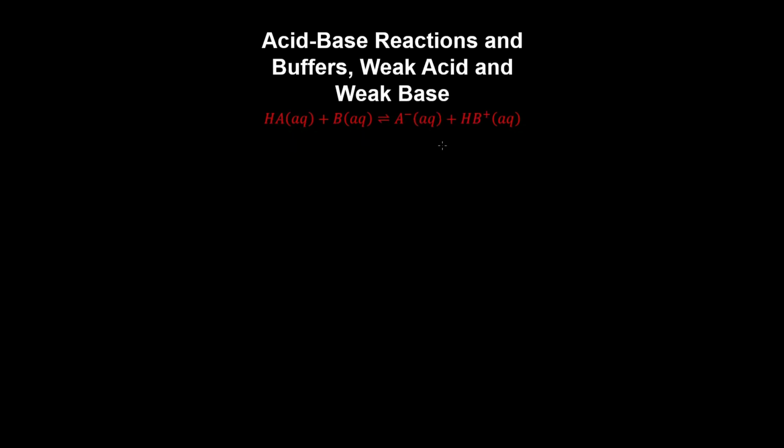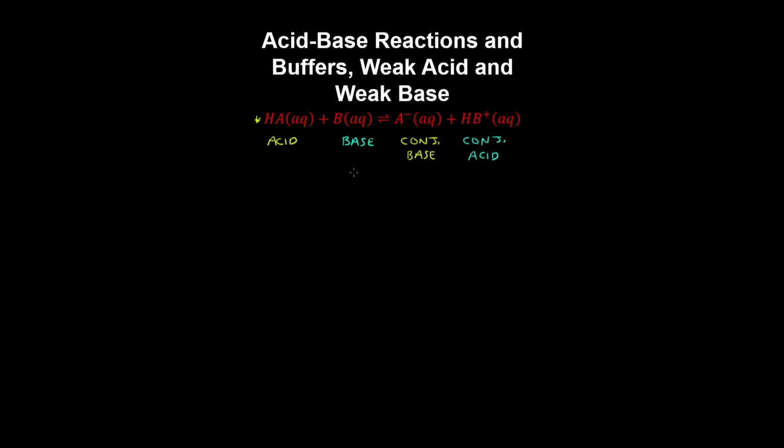When a weak acid and base are mixed, they'll reach an equilibrium state, and we can represent the reaction by the following equation, where the acid donates a proton to the base, and we have the conjugate base of the weak acid and the conjugate acid of the weak base.